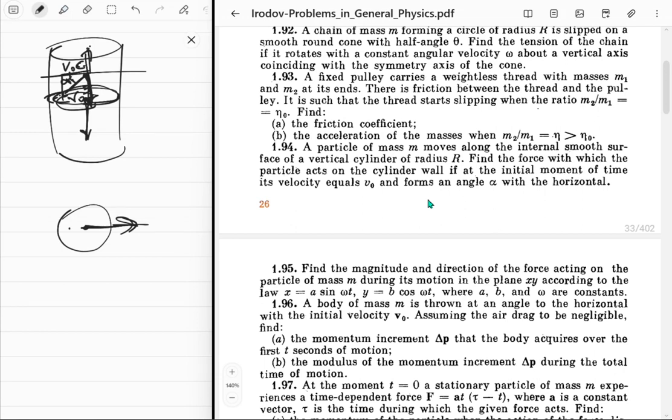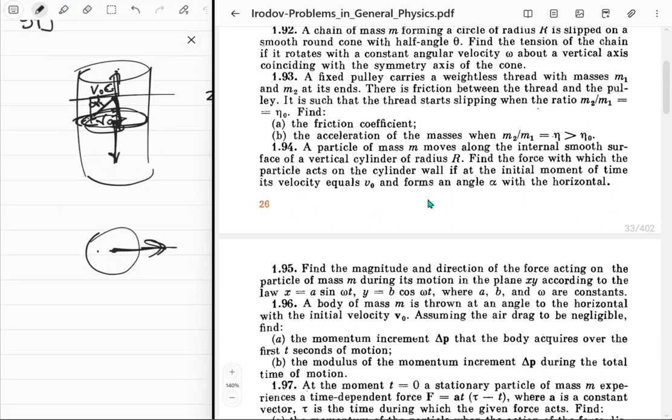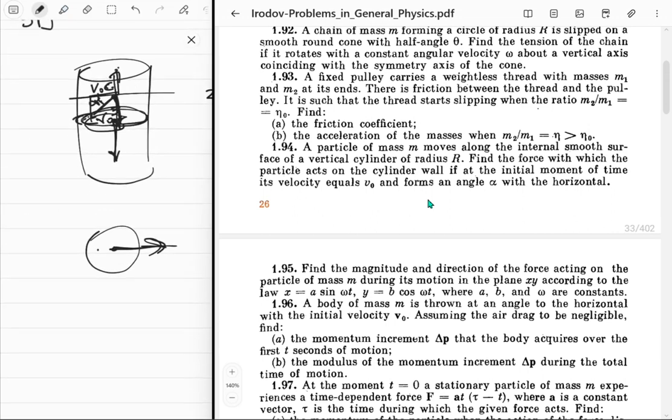First of all, it's this guy's z component. And what do we actually look for? We are looking for the force with which the particle acts on the cylindrical wall. So we figure out the acceleration of this particle with respect to this center of mass.